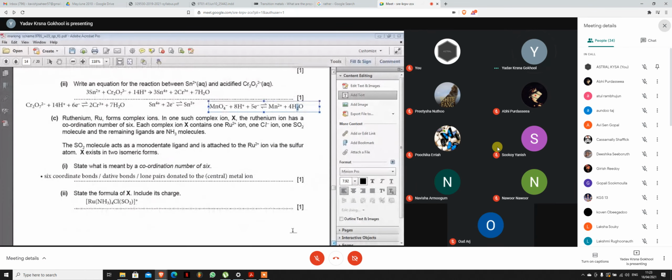Now here, ruthenium has got +2. So Ru is +2. NH3, 0. Cl, -1.